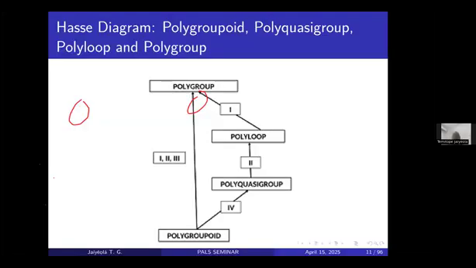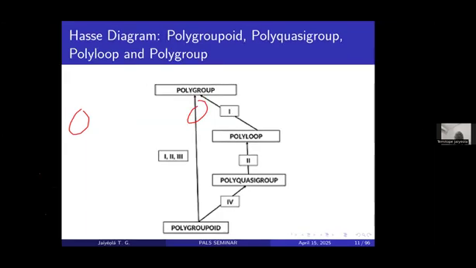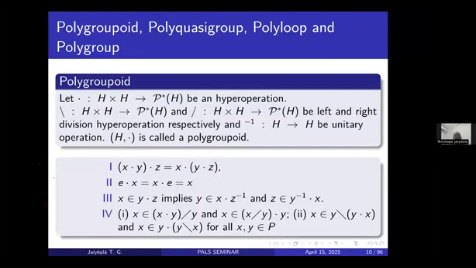A polygroupoid that obeys Roman numeral 4 will give you a polyquasigroup, and in addition, a polyquasigroup that possesses Roman numeral 2 will give you a polyloop, while a polyloop which in addition obeys Roman numeral 1 will give you a polygroup. So you can always see a polygroup as a generalization of groups.